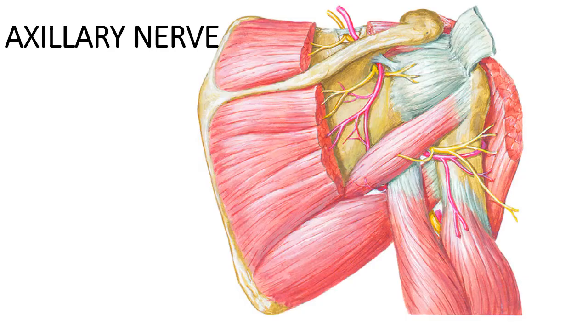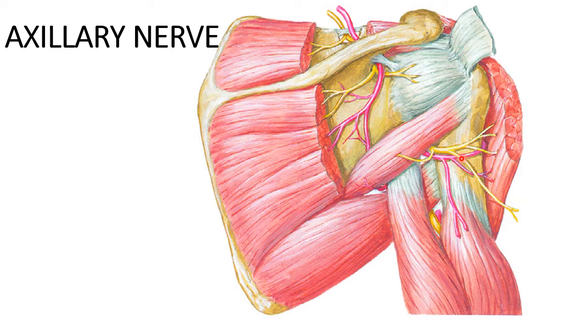Let's get started. So the first nerve which we are going to see is the axillary nerve. This axillary nerve is a branch of the posterior cord of the brachial plexus. It is a very easy structure to identify. It runs posteriorly along with the posterior circumflex humeral artery and encircles the surgical neck of the humerus, and it supplies the inner aspect of the deltoid muscle and also the teres minor.